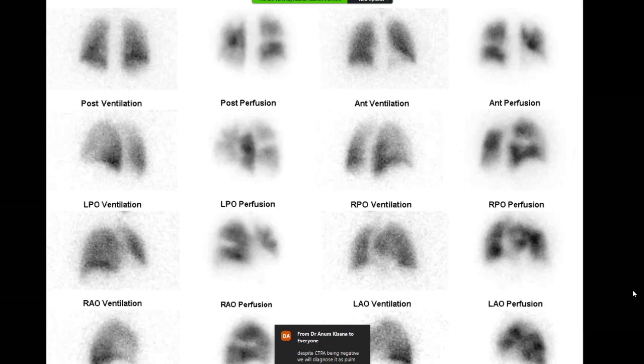If you have one single area of mismatched defect, that would become low probability. But you always have many more false negatives when interpreting that way. And in reality, as a clinician, you don't want to hear probability business. My respiratory colleagues tell me it is there or it is not there. So this hedging in imaging we should try to minimize as much as we possibly can.